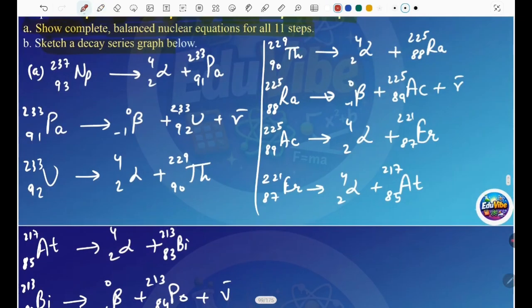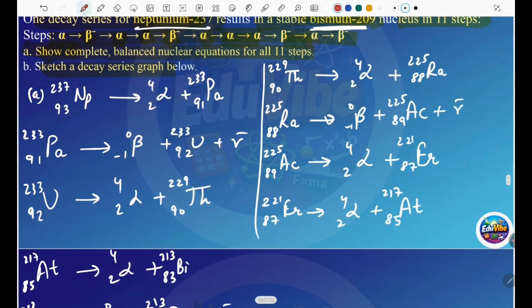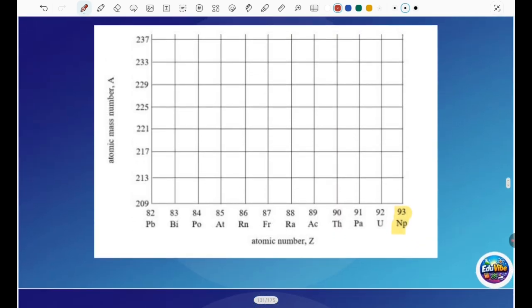Now this is alpha decay, and from 237, you can say the atomic number from 93 it goes to 91 with mass number 237 to 233. So you put an arrow like this, they go down, and we have alpha. So it also goes from 93 to 91.